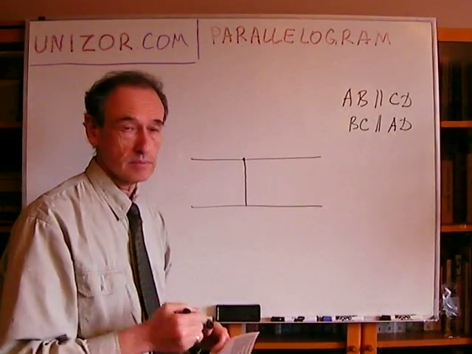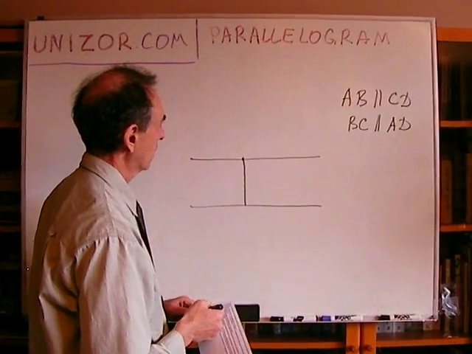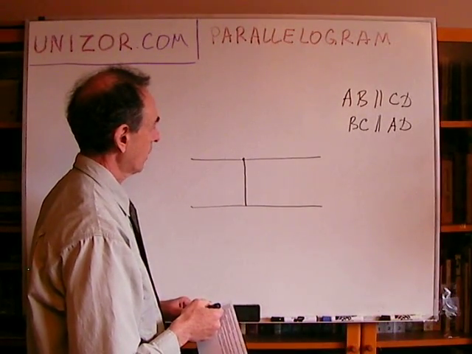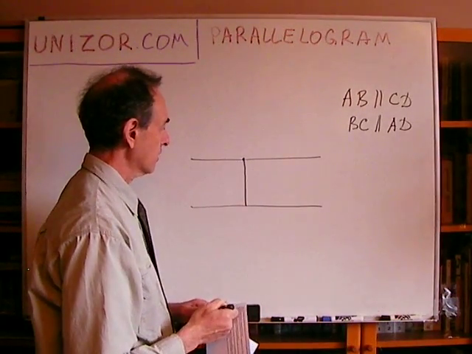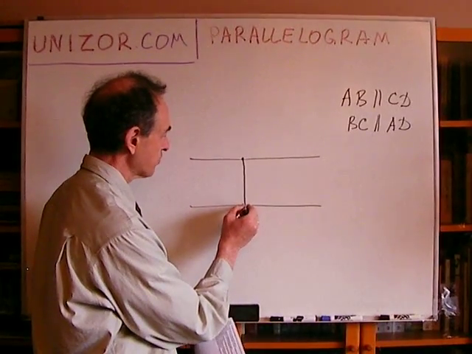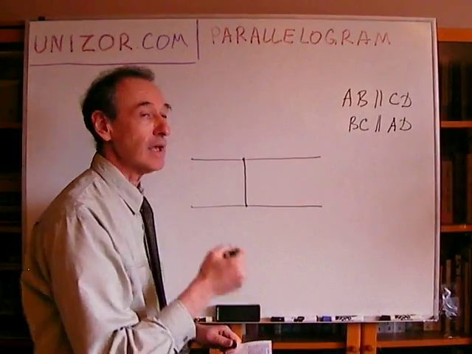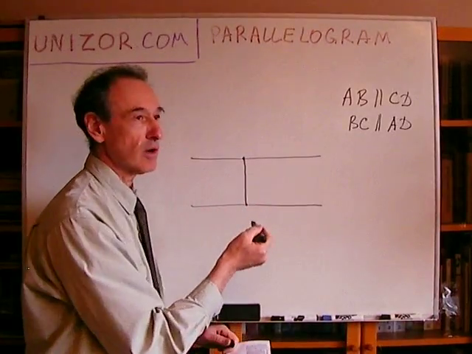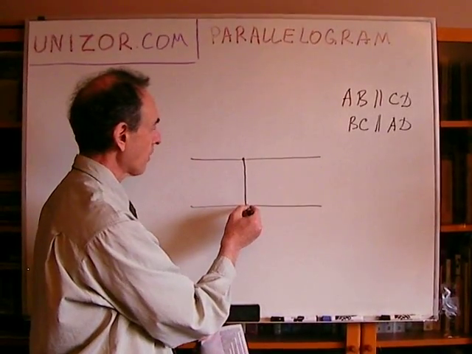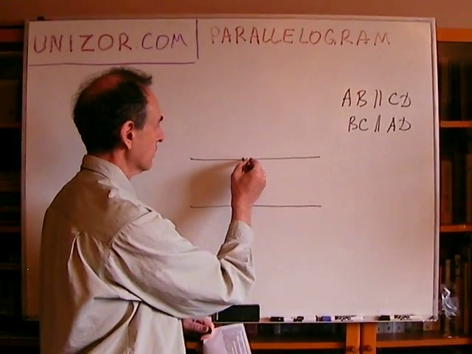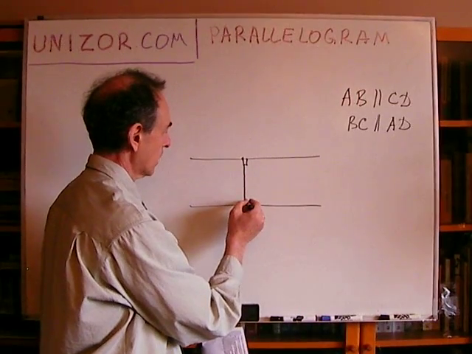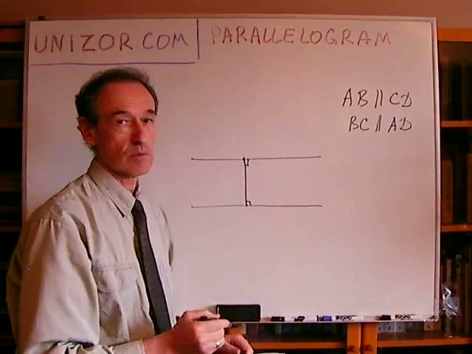Okay, fine. Now, the thing is that what is the shortest distance from this point back to this line? Obviously, it's the same perpendicular, because the perpendicular to one parallel line is parallel to another. If this is a right angle, then this is the right angle. Why?